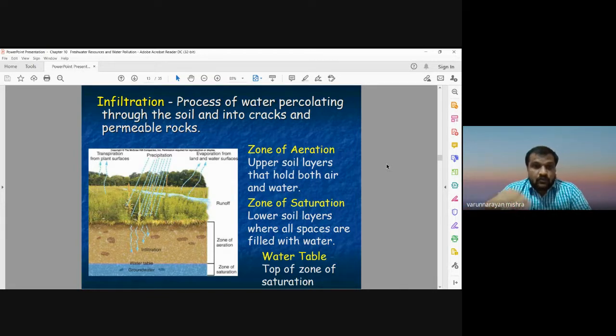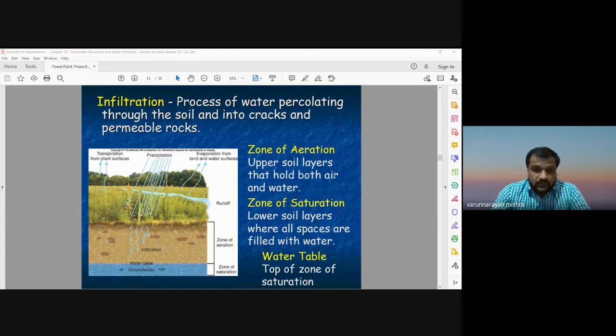In the case of infiltration we have two zones: the zone of aeration and the zone of saturation. Zone of aeration means the upper soil layer that holds both air and water, and zone of saturation means the lower soil layers where all the spaces are filled with water. And the third term is the water table, which means the top of the zone of saturation.